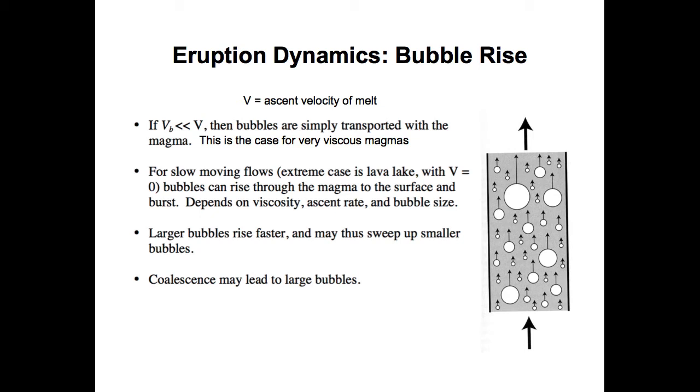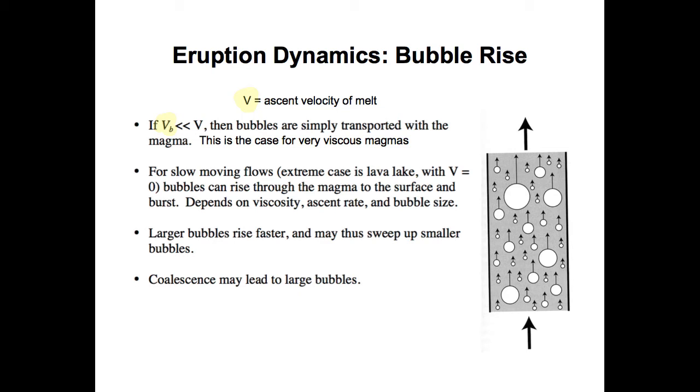So let's think about now what's happening. If we call v the velocity of ascent of the melt, and v sub b is the bubble velocity, then if the magma is very, very viscous, the bubbles have a hard time flowing through the magma.